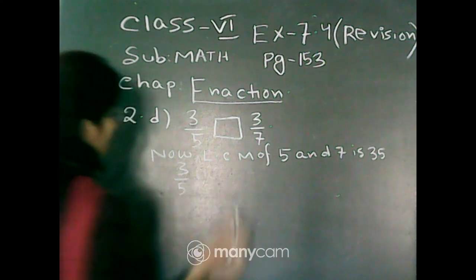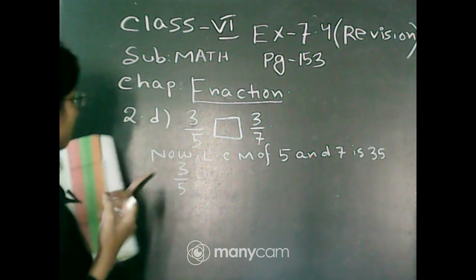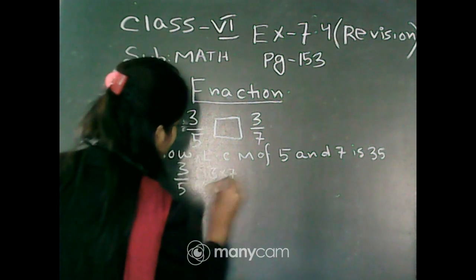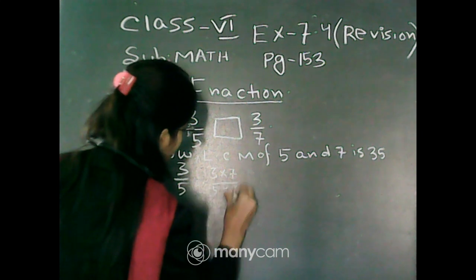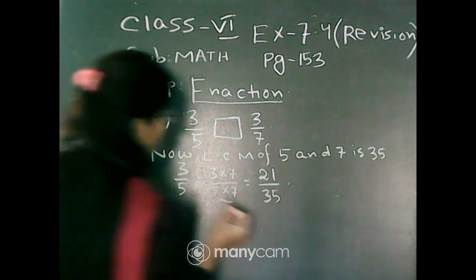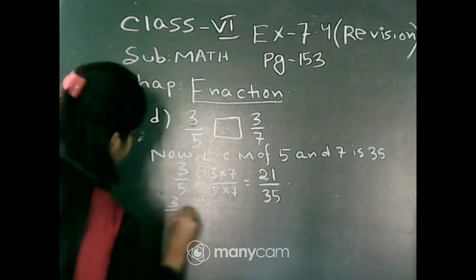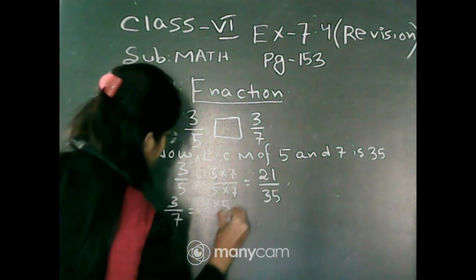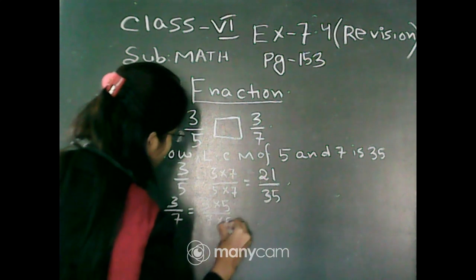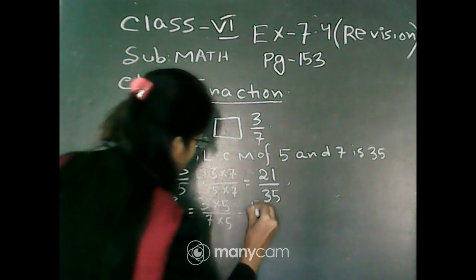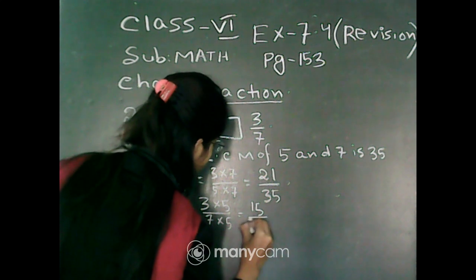Therefore, to make the denominator 35, we multiply both the numerator and the denominator by 7 and we get this is equal to 21 divided by 35 and 3 by 7 is equal to, to make the denominator 35, we multiply both the numerator and the denominator by 5 and we get this is equal to 15 by 35.